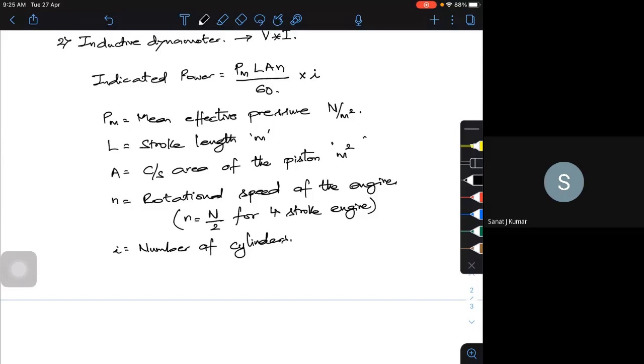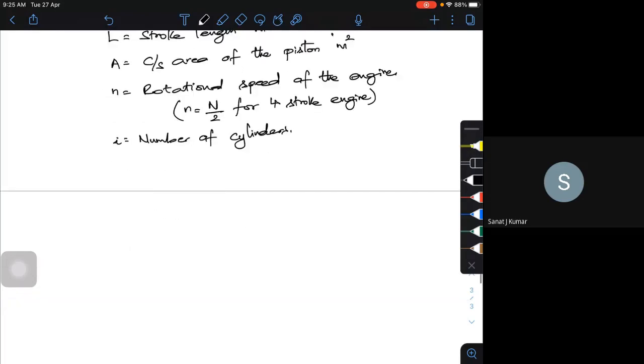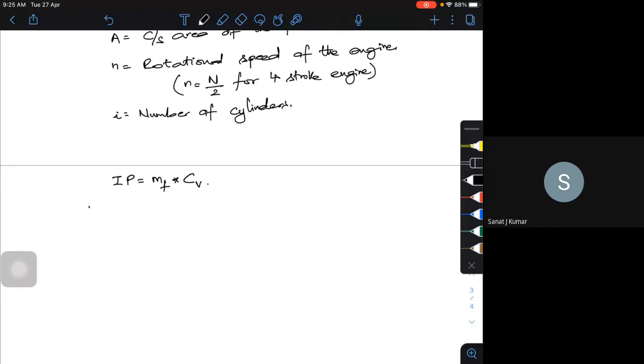IP is also given by another formula: mass of fuel into its calorific value. Where m dot F is the mass flow rate of fuel and CV is the calorific value of the fuel.